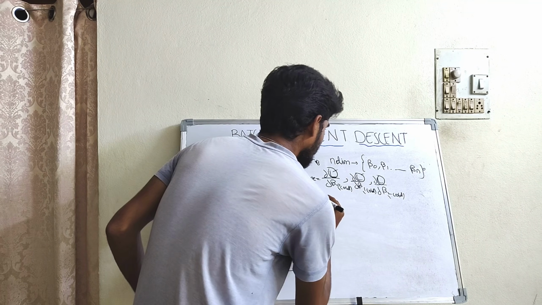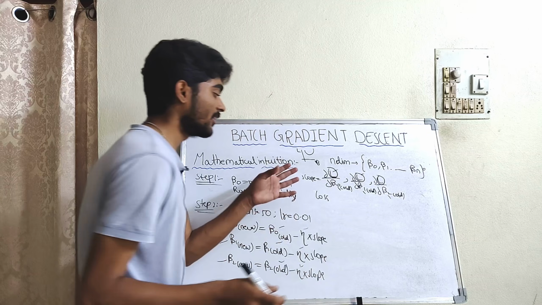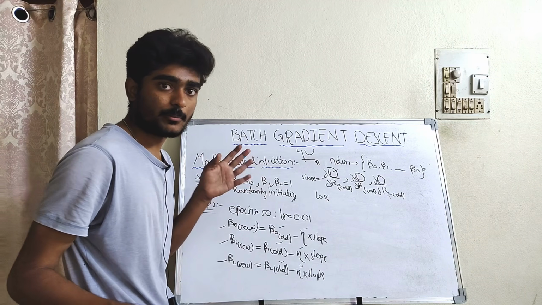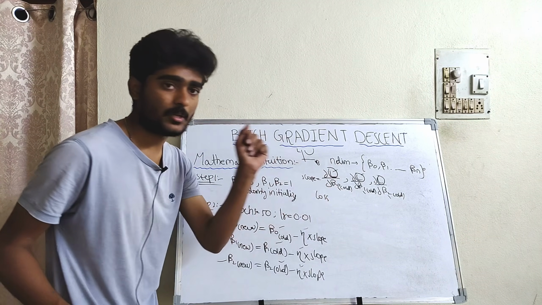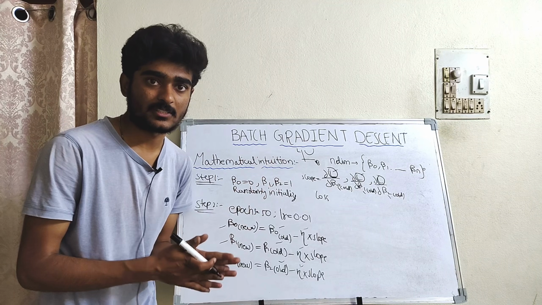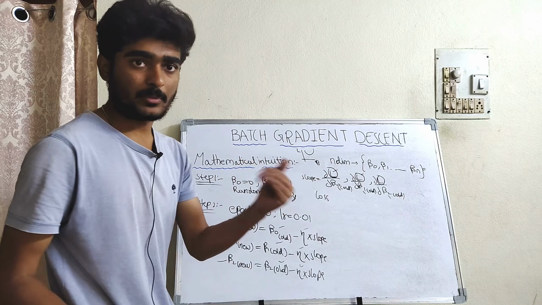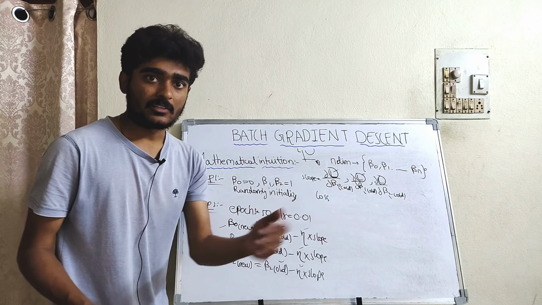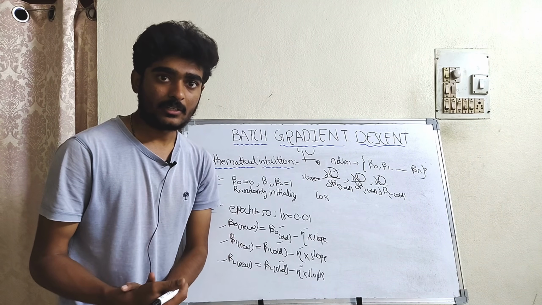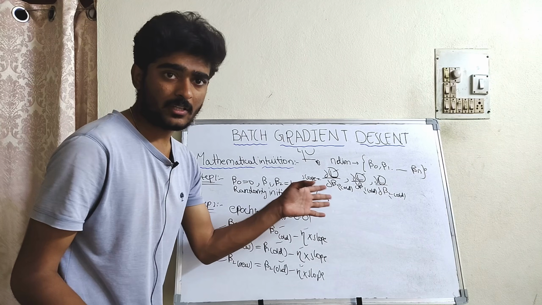To understand this mathematically, the sample loss function I'll be considering is MSE loss. After getting the predicted output, you need to calculate the loss between the true output and predicted output, right? So for that I'm taking a sample loss function.